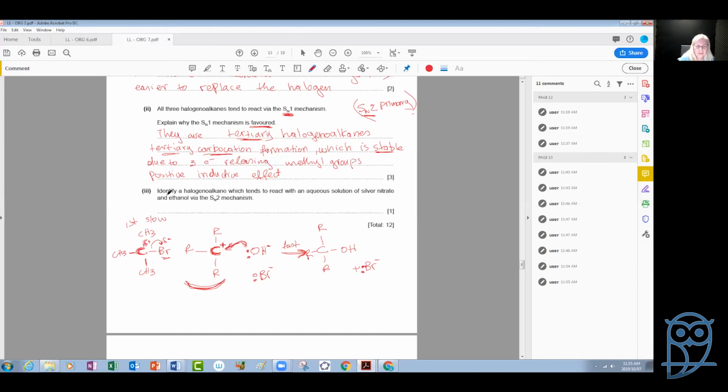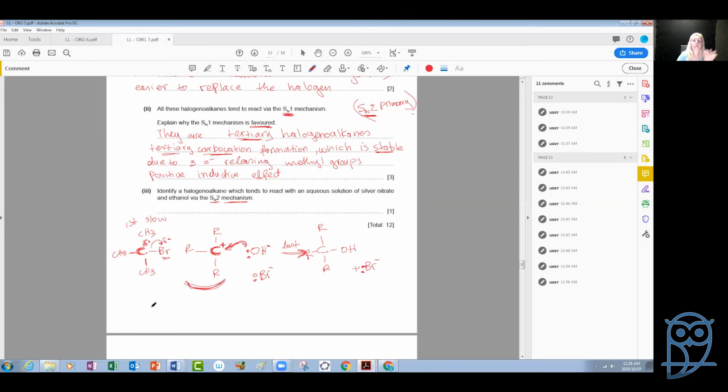Then the next one: identify a halogenoalkane which tends to react with an aqueous solution of silver nitrate and ethanol via this SN2 mechanism. So they want us to give an example of another halogenoalkane that will undergo this mechanism. And as we said, this mechanism is the one undergone by a primary halogenoalkane.